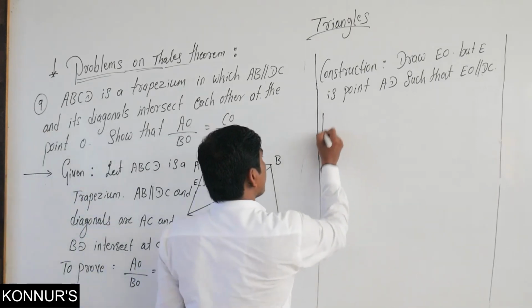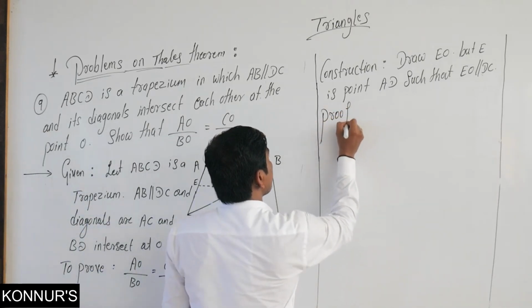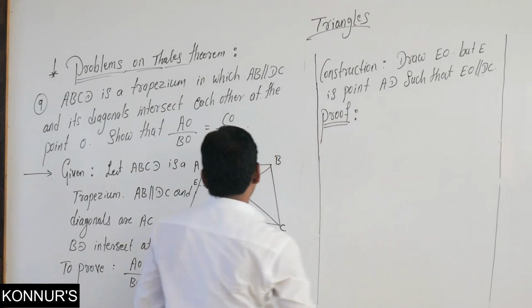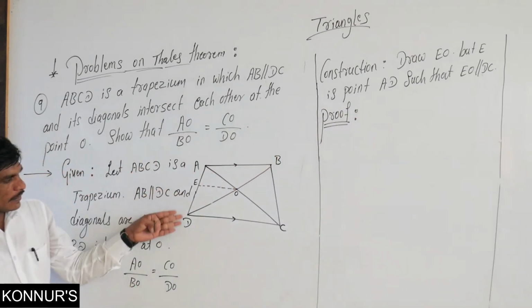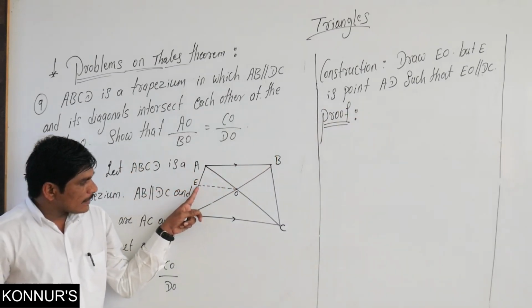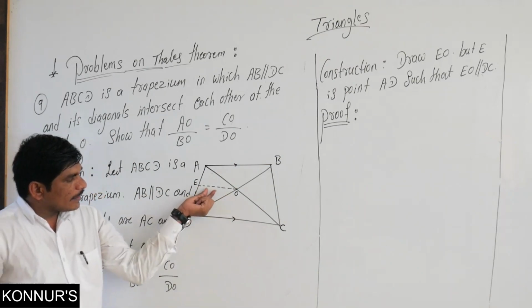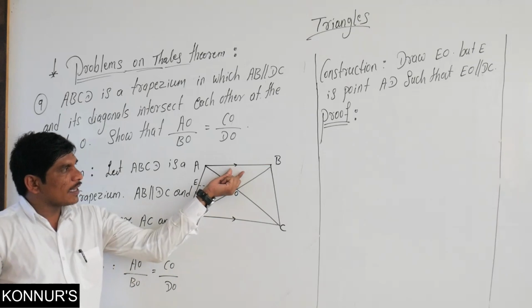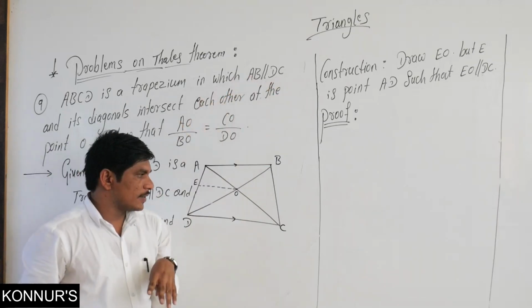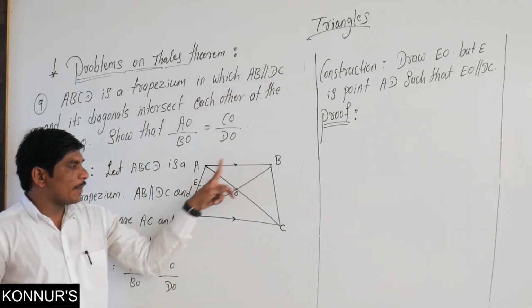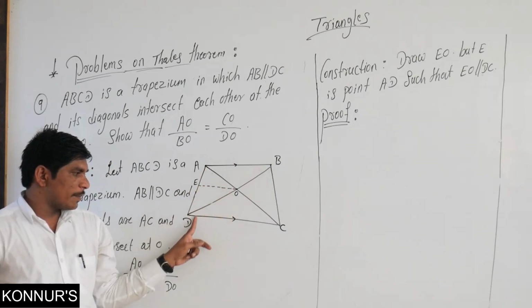Here, the proof part. Here, observing this figure, we constructed EO parallel to DC, and EO is also parallel to AB because AB is parallel to DC. It means AB is parallel to EO, and EO is parallel to DC.